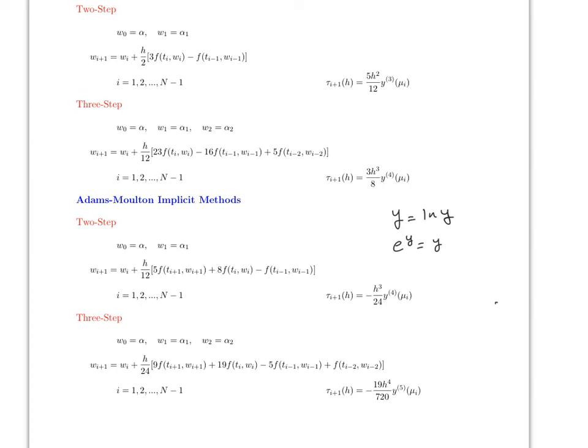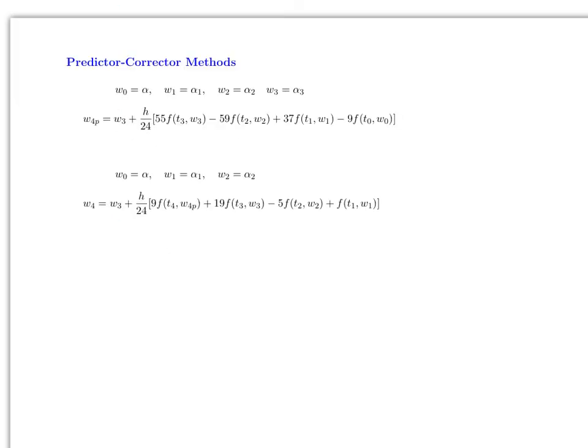and that's what we'll do in the last page. The last thing we'll be talking about is called predictor-corrector methods. So like the name implies, we're gonna use one method to predict a specific value, and then you're gonna use a second method to fix or correct the answer. The predictor is gonna be the explicit method that we talked about, and the corrector is gonna be the implicit method.